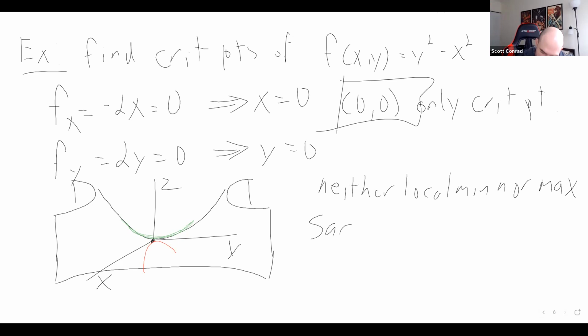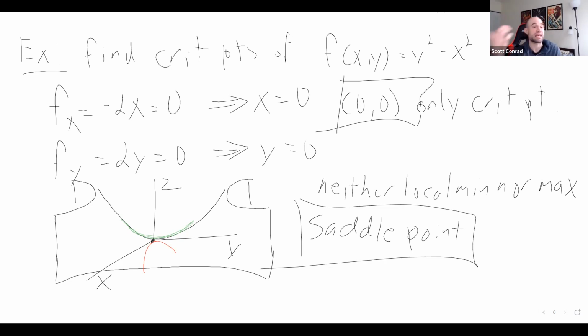And if it's neither, we call such a point a saddle point, because if you look at this, it kind of looks like a saddle.